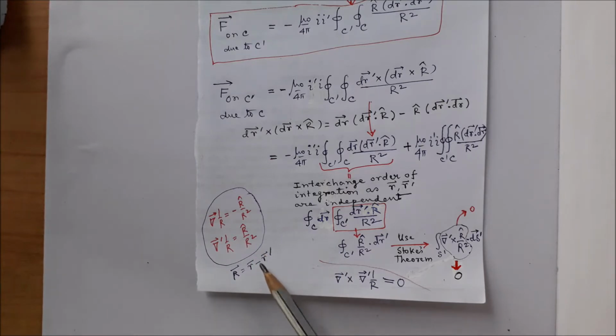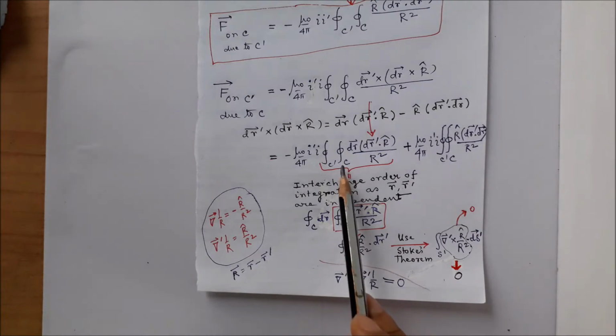This you have done in mathematical physics class. Now final use of curl grad equal to 0, which is a vector identity, gives the first term to be 0. So the calculations are here.